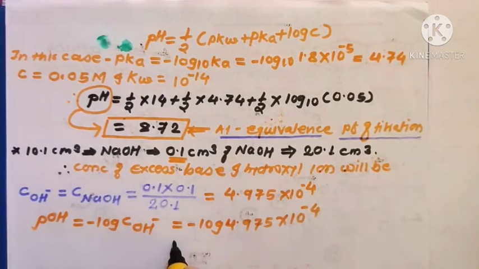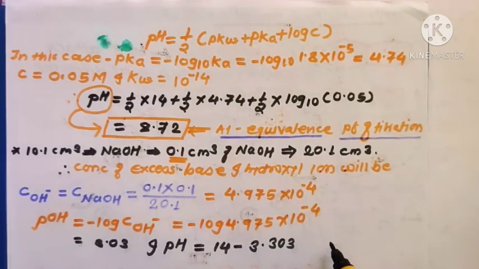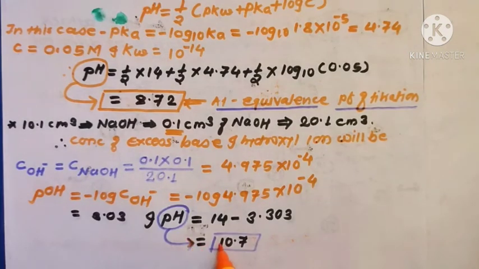It will get 3.303, and the pH of the solution is 14 minus 3.303, so the pH of the solution will be 10.7.